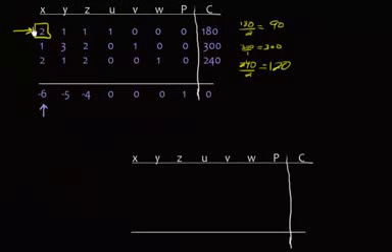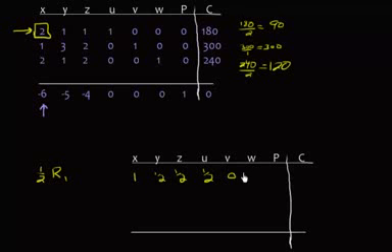Okay, first we need to change this into a 1. Now, how are we going to do that? We are going to multiply row 1 by a half. And so I'm going to get a 1, and then all of these are going to be 1/2. 0, 0, 0, and 90.